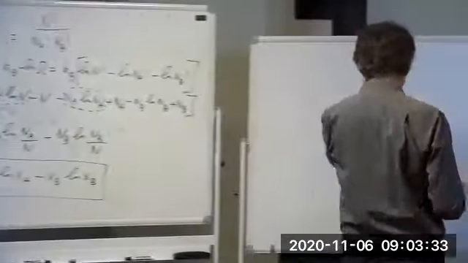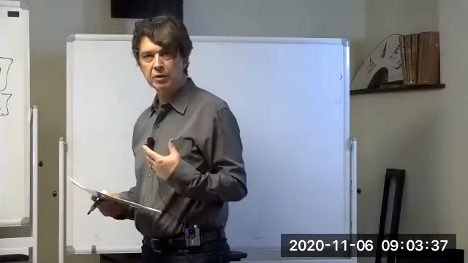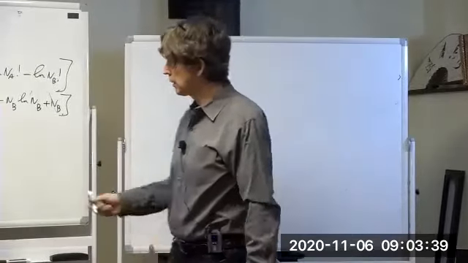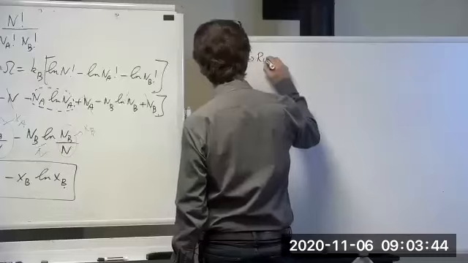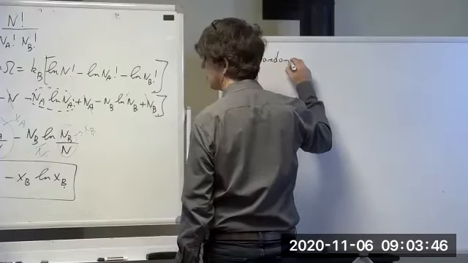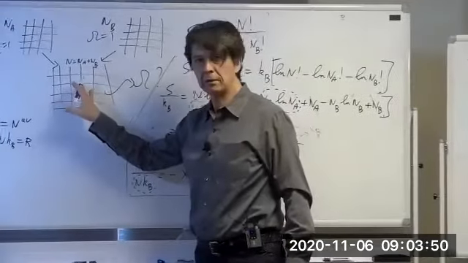Okay, so what should you remember here? Besides the formula, what you should remember is that this is what we obtained when we assumed random mixing. There's no energetic preference for any distribution of A or B on this lattice.